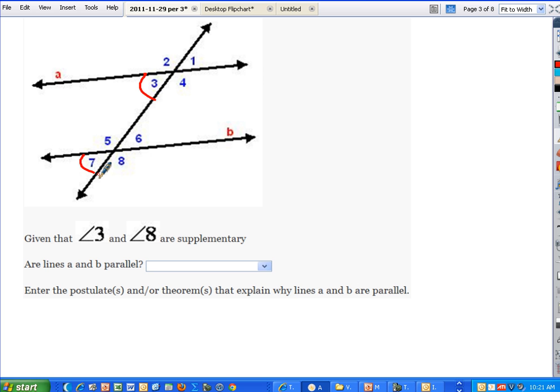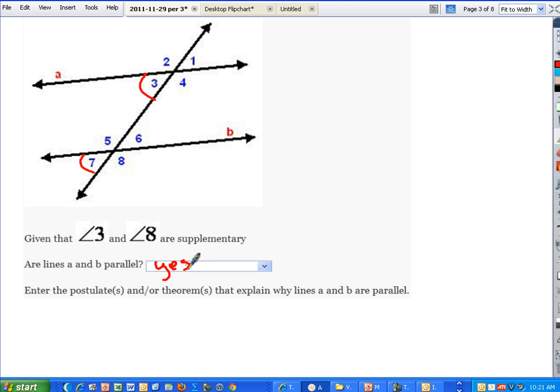And then 7 and 8 are a linear pair. So if 3 and 7 are the same, and 3 and 8 are supplementary, then 7 and 8 must be supplementary also, right? And they're a linear pair. So yeah, that works, doesn't it? Makes them parallel. Okay? So the answer is, are they parallel? Yes. Enter the postulates or theorems that explain why. Well, if we take this route, if we relate 3 to 7 and then 7 to 8, what are the reasons?